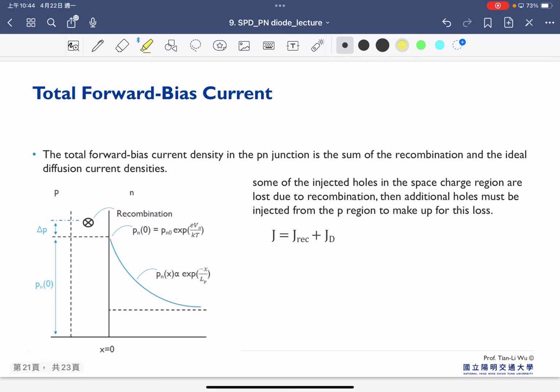So the total forward bias current density in the PN junction is the sum of the recombination current and the ideal current density. Therefore, the total current somehow also has to consider a factor contributed by the recombination.